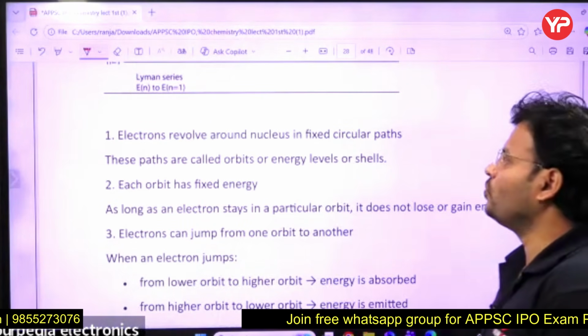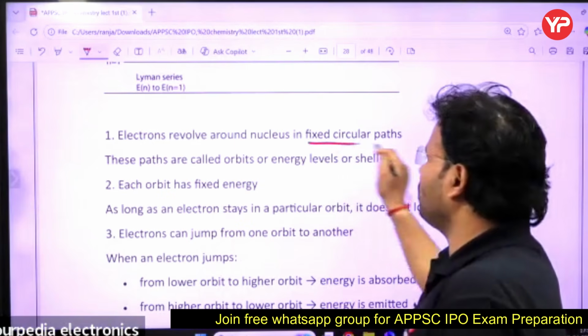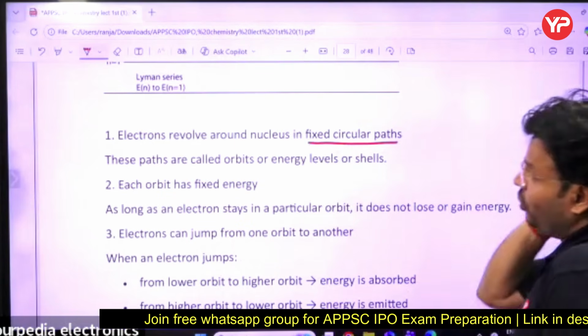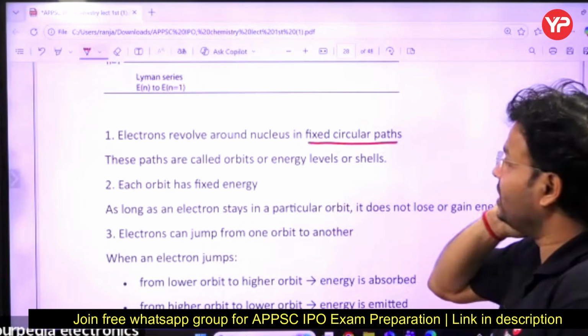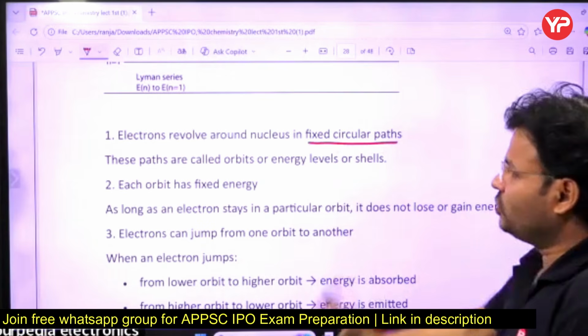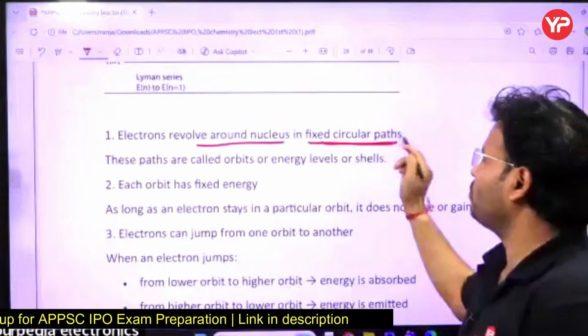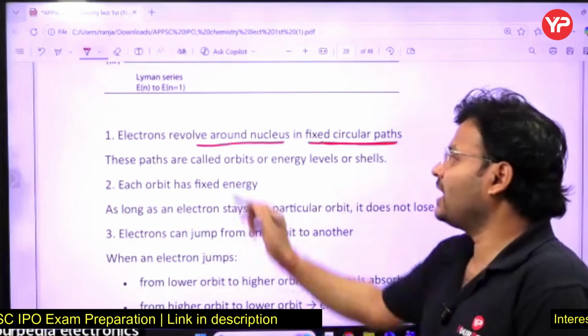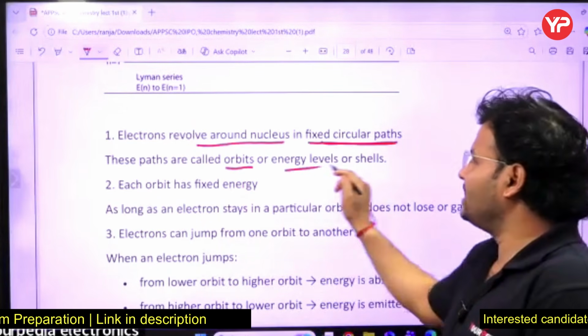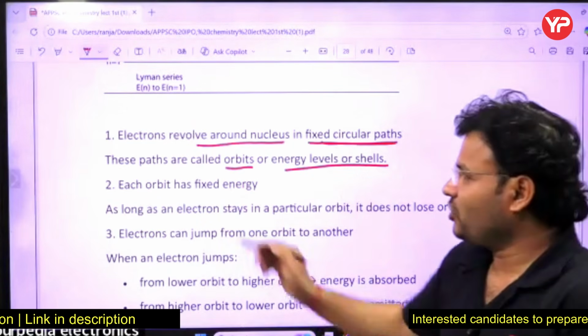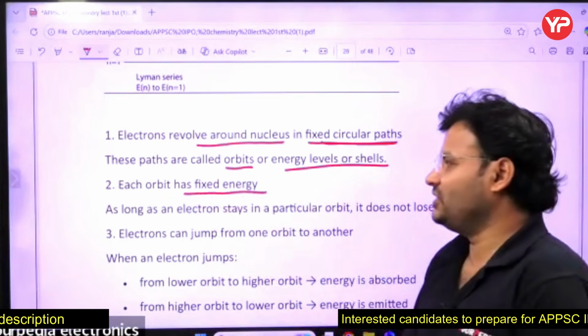Electrons revolve around the nucleus in a fixed circular path. These paths are called orbits or energy levels or shells. Each orbit has fixed energy.